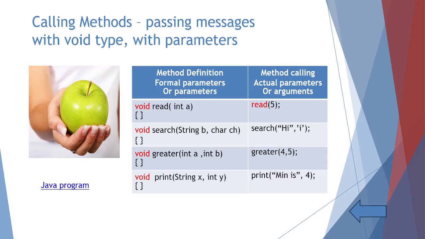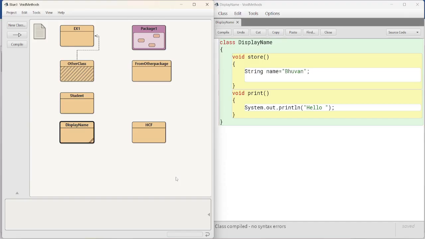Let's see the contents of display name, in which two methods are there. Both of them are instance, void store, void print. What our idea is, store is storing or reading a name, and we send this name to print method.